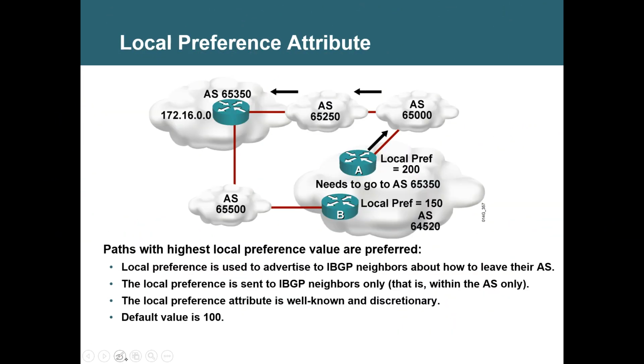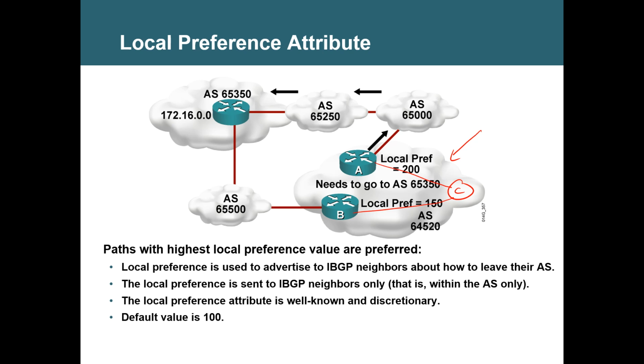Local preference is for the entire autonomous system. I want to draw a router C here. You may have many more; I just have 3 routers. Take it as 30 routers, never mind, 300 routers.